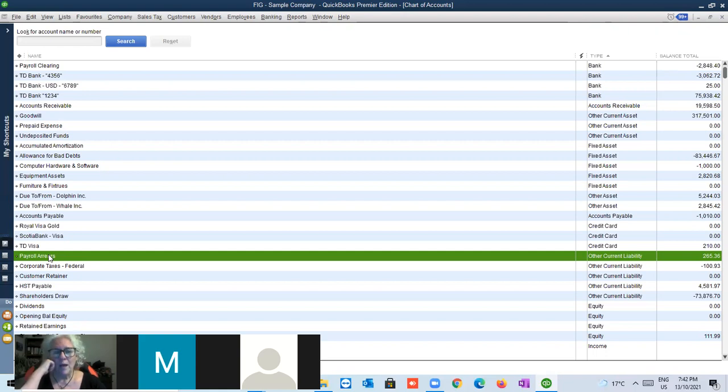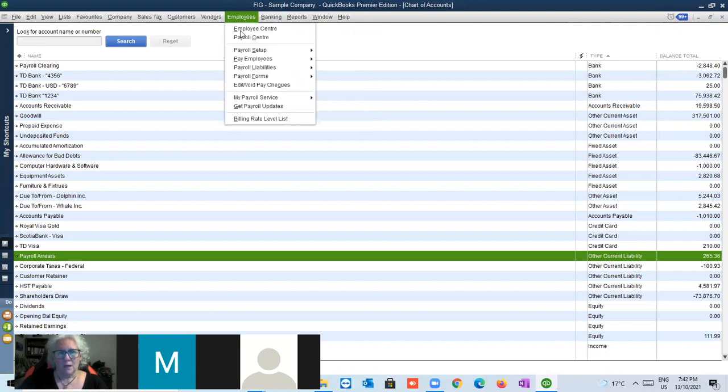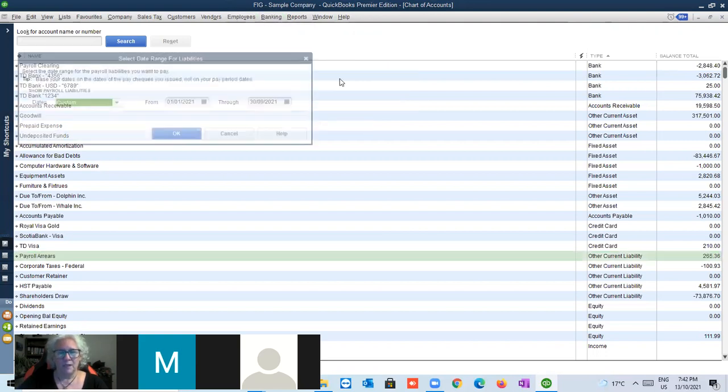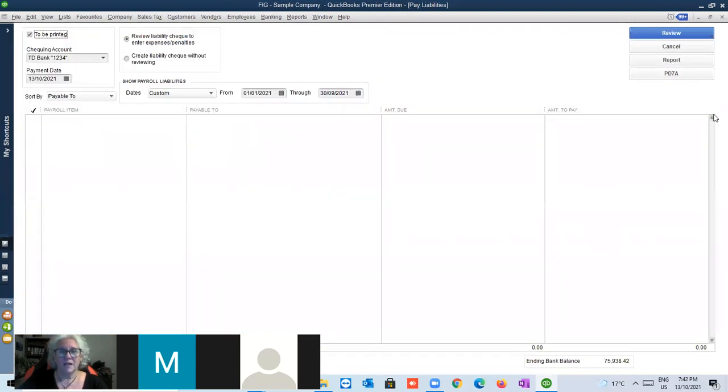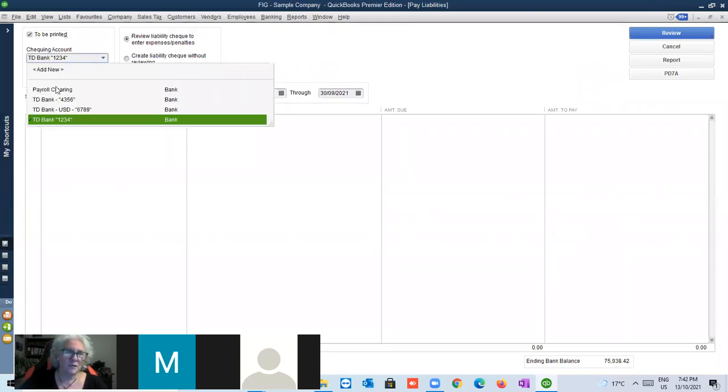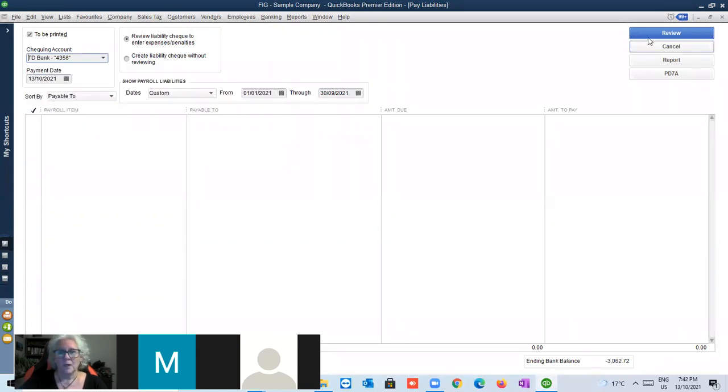So what happens here with those things is I will take my payroll liability, and it's not going to be paid at all. You will take whatever's owed and flip it to payroll clearing, or you actually leave it here.